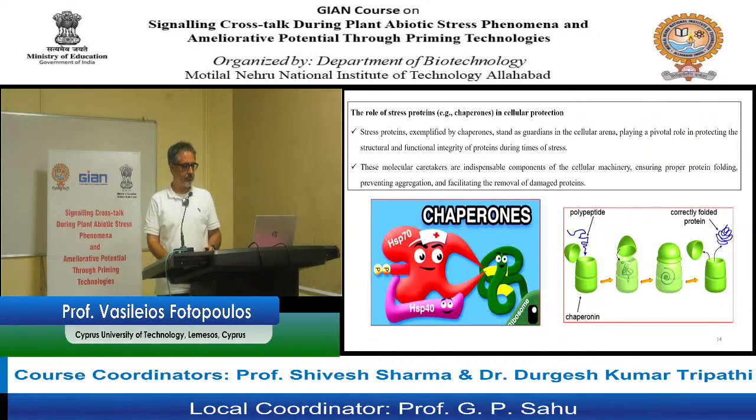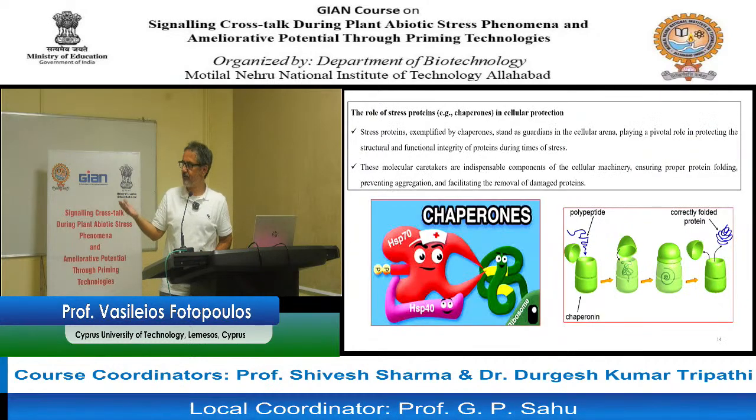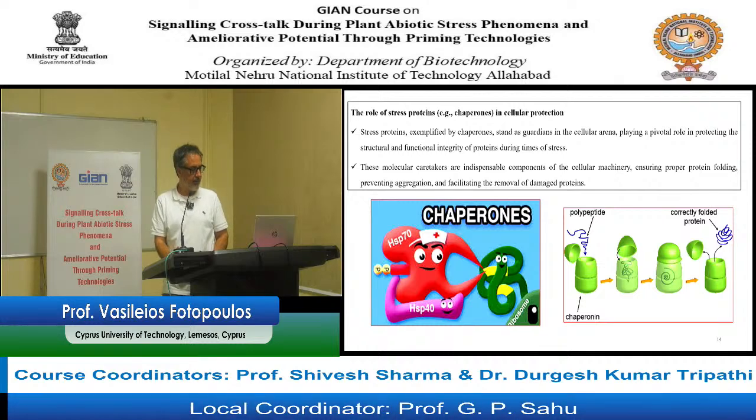So in terms of the role of stress proteins in cellular protection, such as the role of chaperones, like the HSPs that I mentioned before, they act as guardians, one would say, in the cellular arena, playing a pivotal role in protecting the structural and functional integrity of proteins during times of stress.